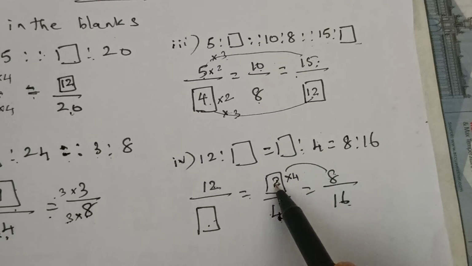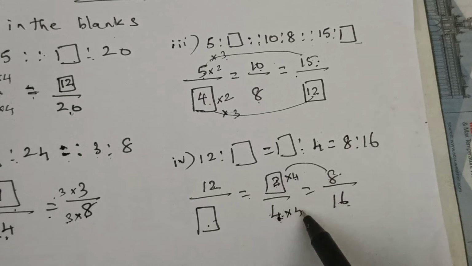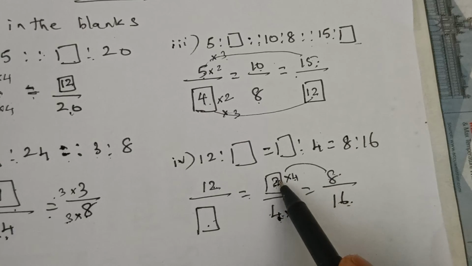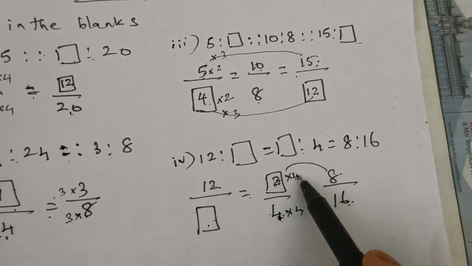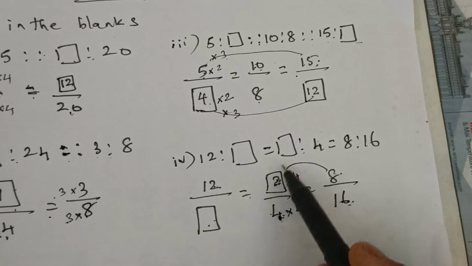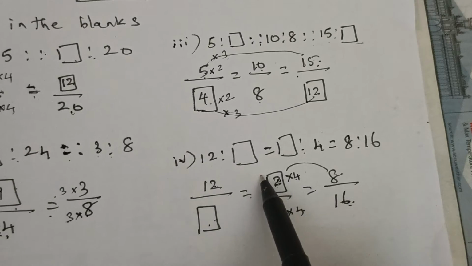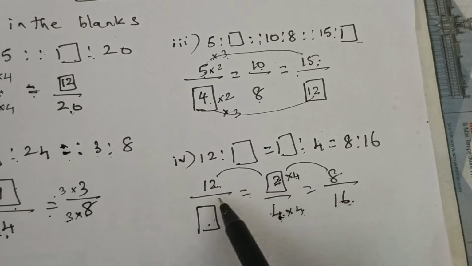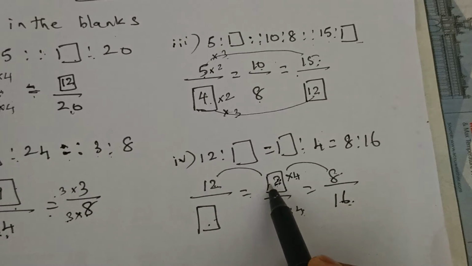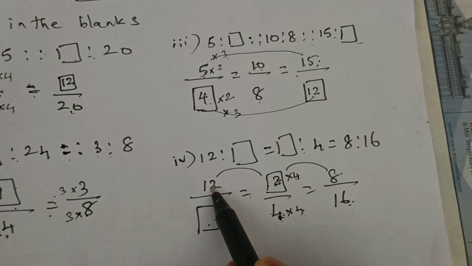Now we check. 2 4s are 8. 4 4s are 16. Both numerator and denominator are multiplied by the same number 4 so that we get an equivalent ratio. That is nothing but a proportion. Now let us compare the second one with the first one. 2 is multiplied by some number to get 12.